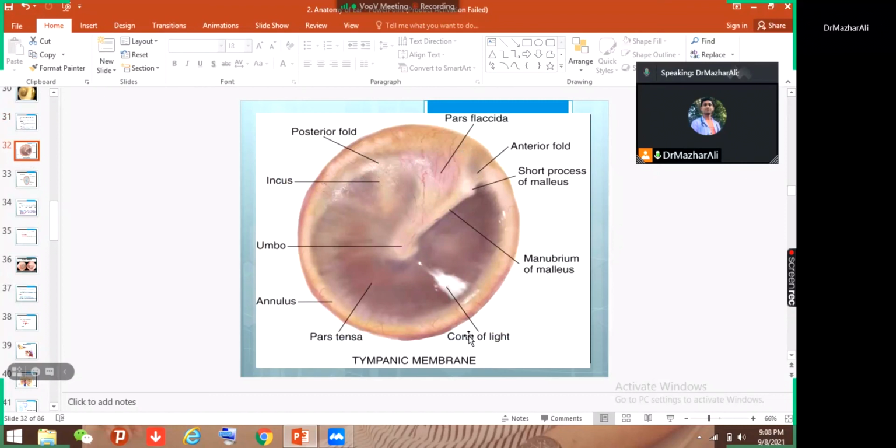This is the manubrium of the malleus, this is the annulus, and this is the short process of the malleus. So between the anterior fold and posterior fold, what is present? Pars flaccida.